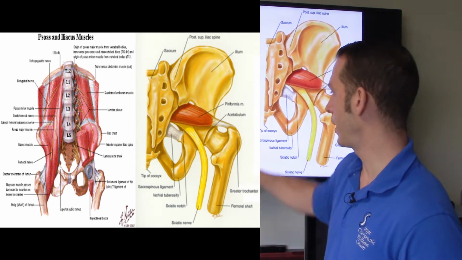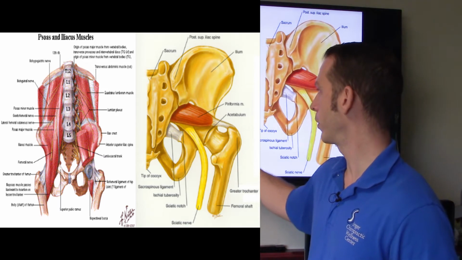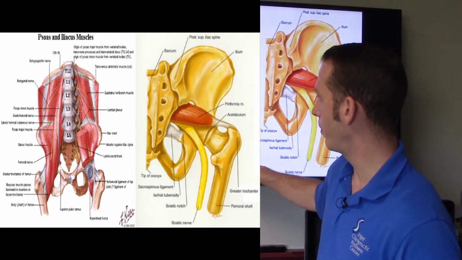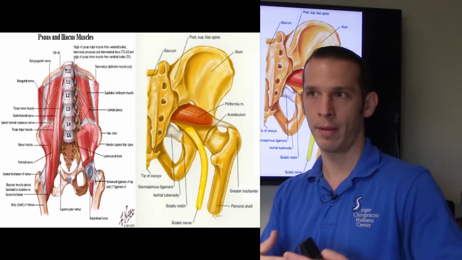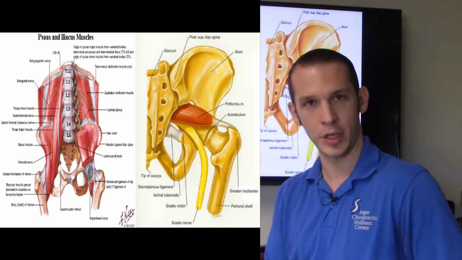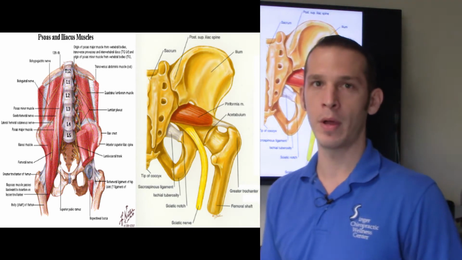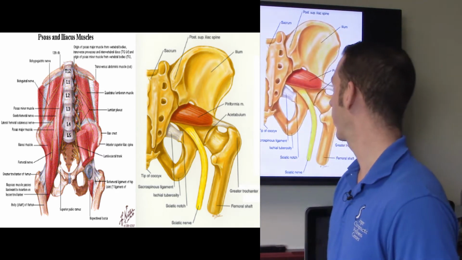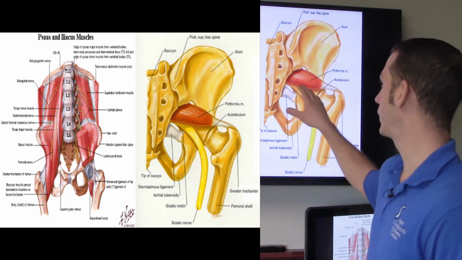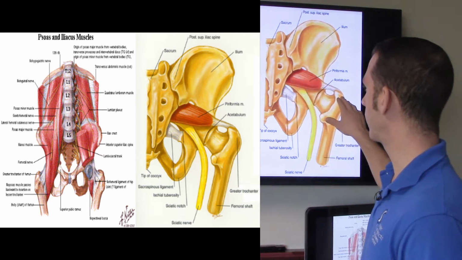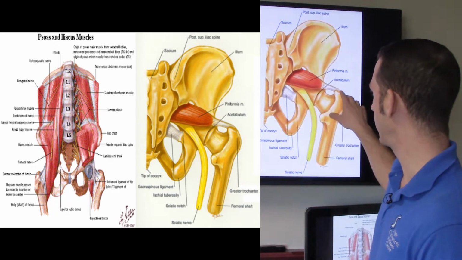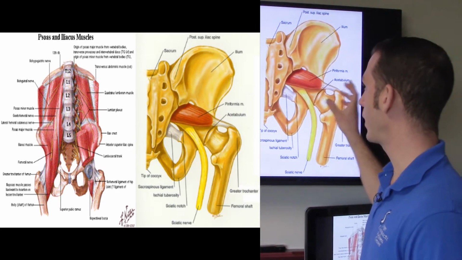Notice that there's things called bursa that are very intricately designed right underneath muscles in order to prevent too much friction of the muscles on top of the bones and allow the muscles to slide easier back and forth. Over here you could see what's called your piriformis muscle, where it attaches at the sacrum and attaches at the greater trochanter of the hip.